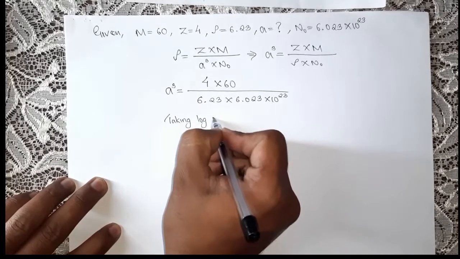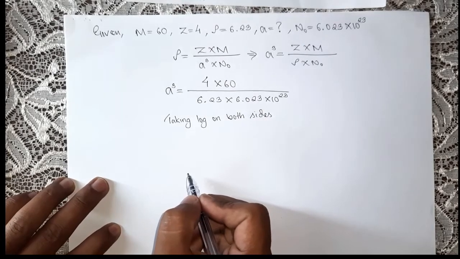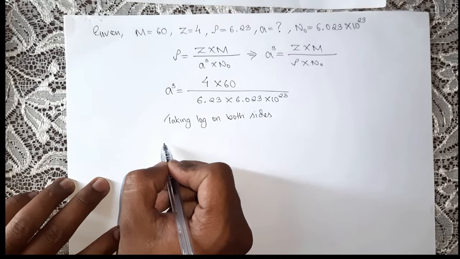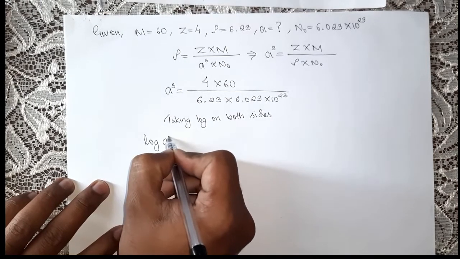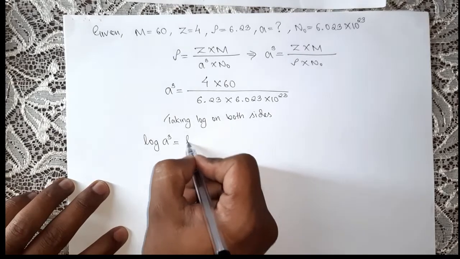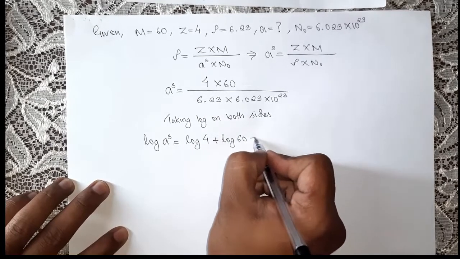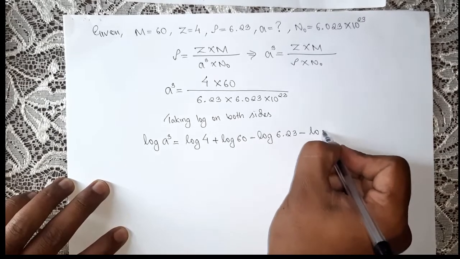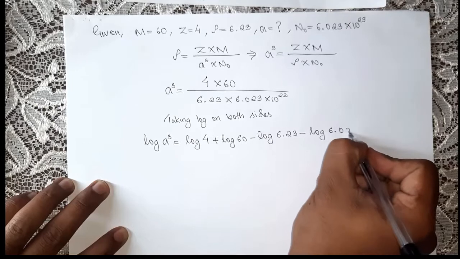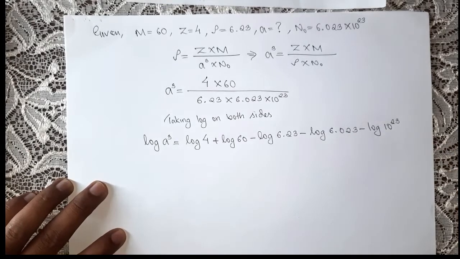taking log on both sides. If you take log on both sides, we have log a cube is equal to log 4 plus log 60 minus log 6.23 minus log 6.023 minus log 10 to the power 23.